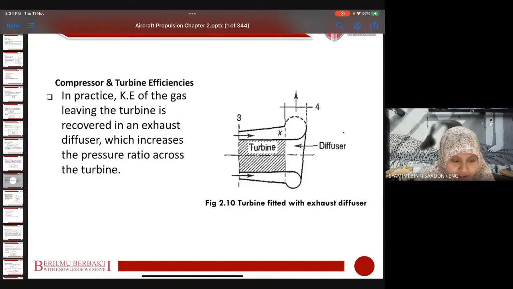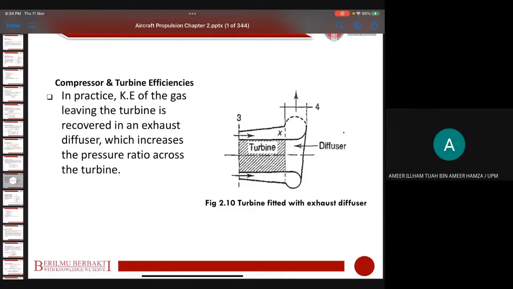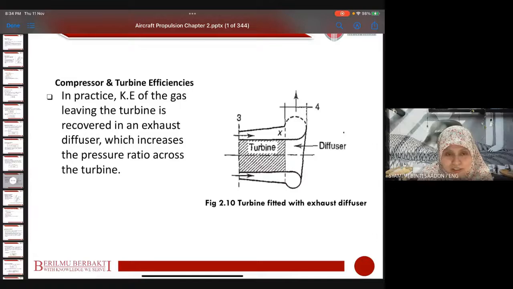So the diffuser is fitted after the turbine, from here. Not at the outlet of the compressor or something. Because here the interest is to reduce the velocity, because the function of a diffuser is to decelerate the flow.